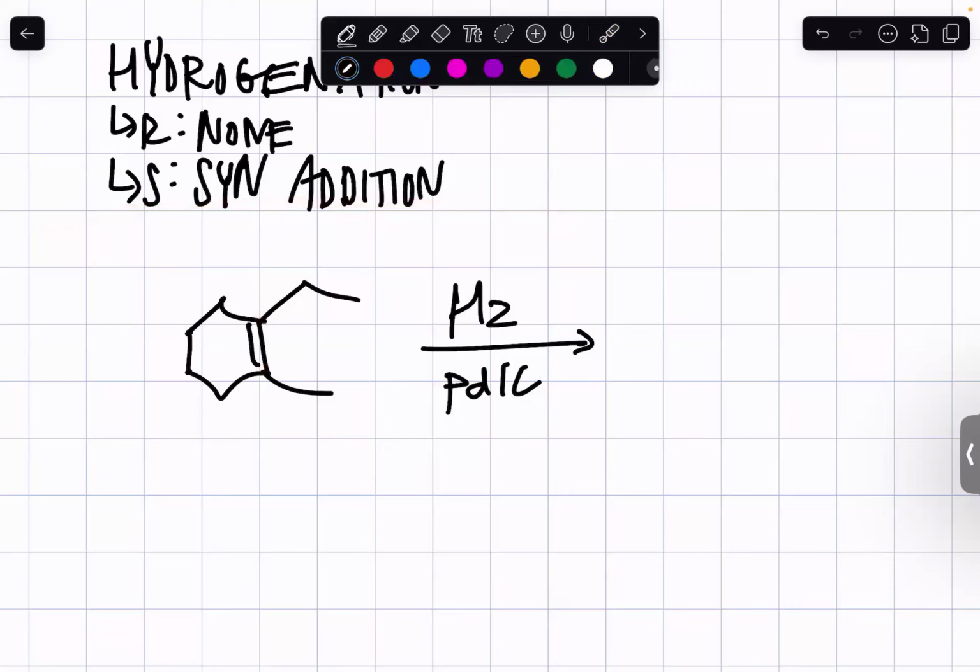So what that would be represented like in the answer is something like this. If I make my invisible hydrogens dashes, these two groups would have to be wedges.